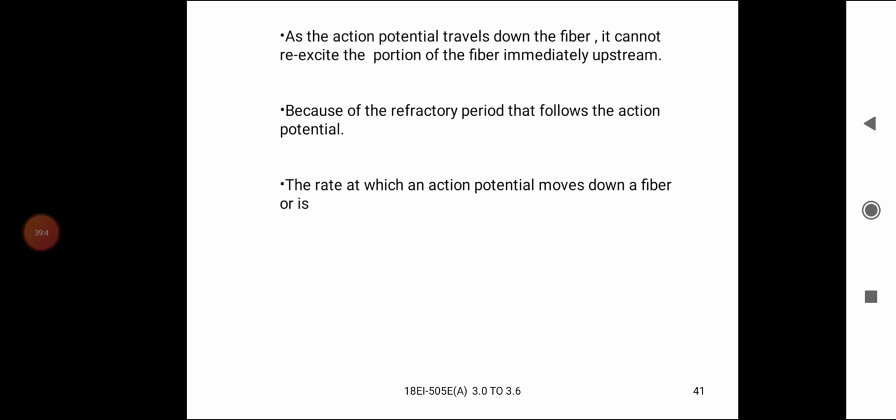The rate at which an action potential moves down a fiber or is propagated from cell to cell is called the propagation rate.